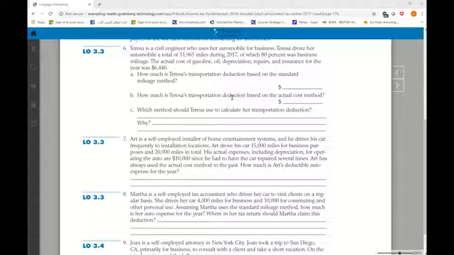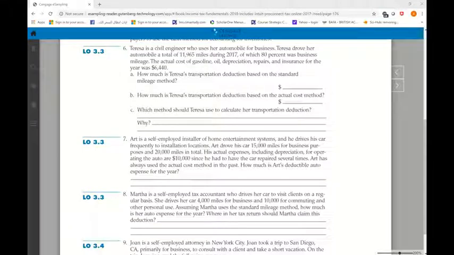Teresa drove her automobile a total of 11,965 miles during 2017, of which 80% was business mileage. The actual cost of gasoline, oil, depreciation, repair, and insurance for the year was 6,440. The first requirement: how much is Teresa's transportation deduction based on the standard mileage method?